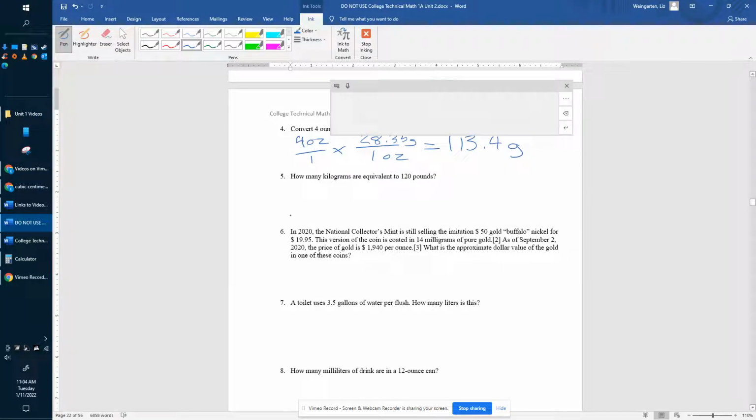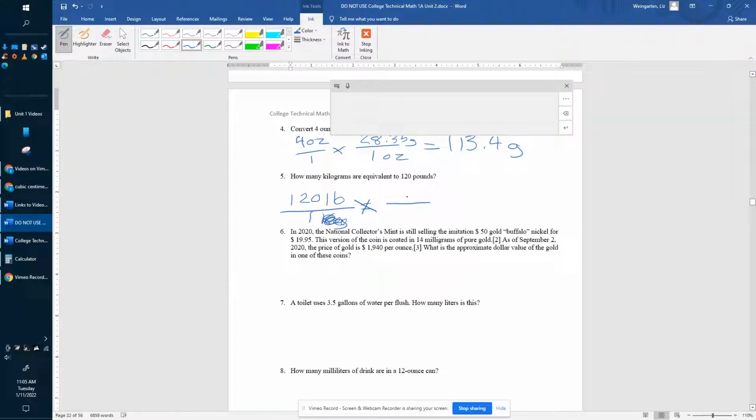How many kilograms are equivalent to 120 pounds? So we have the conversion between kilograms and pounds. We have 120 pounds over 1.